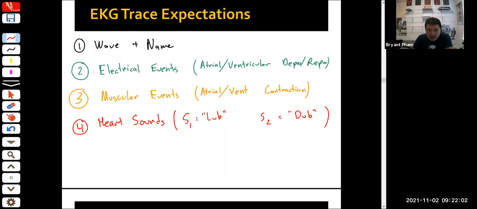Kind of give you guys a hint here. S1, this is when your AV valves close. When your AV valves slam together, that sound is lub. S2 is your semilunar valves closing.